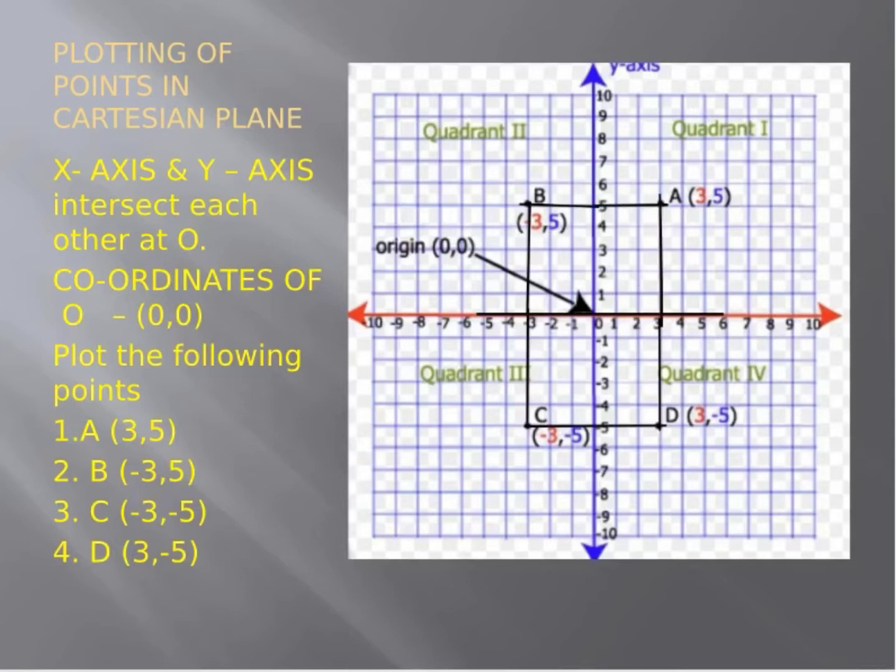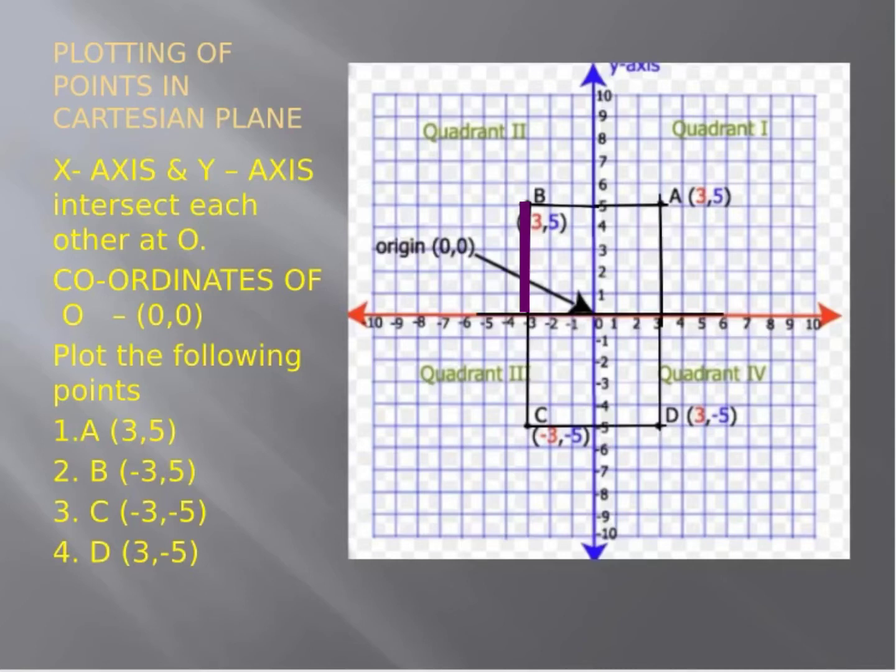Now let us plot the second point, that is B, minus 3, 5. Here the x coordinate or abscissa of B is minus 3. So you have to draw a straight line from minus 3 on the x-axis, that is towards the OX dash direction, in the upward direction. Why in the upward direction?